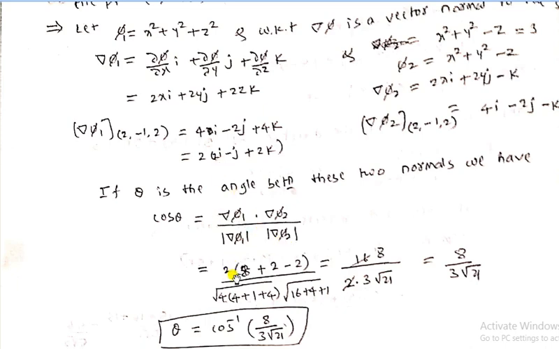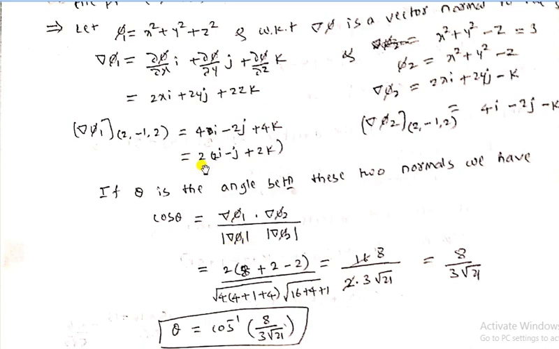So the numerator is 2 into del phi 1, applying dot product in the numerator: 2i into 4i becomes 8, minus 1j into minus 2j becomes 2, plus 2k into minus k, which is minus 2. Then whole divided by mod of del phi 1.